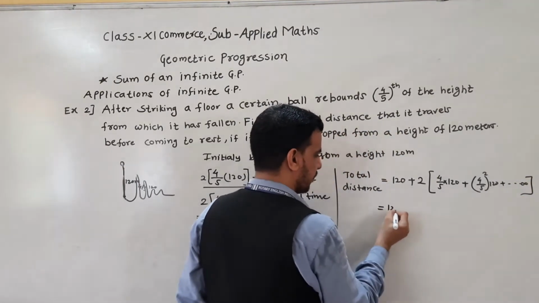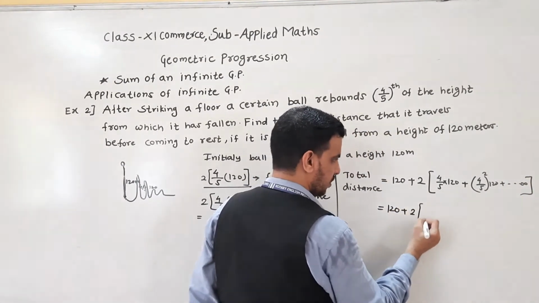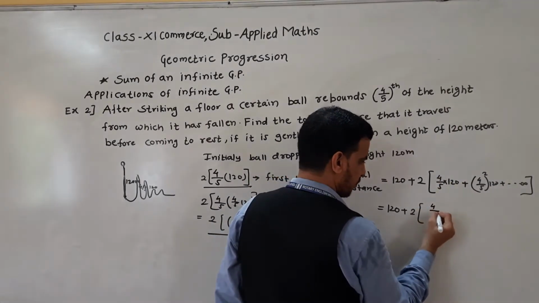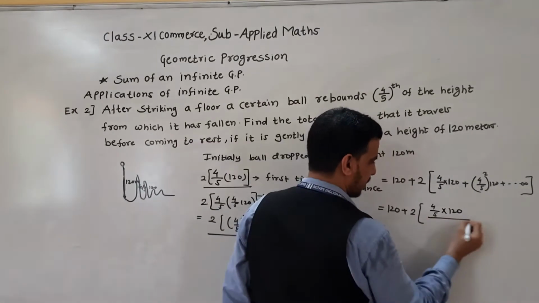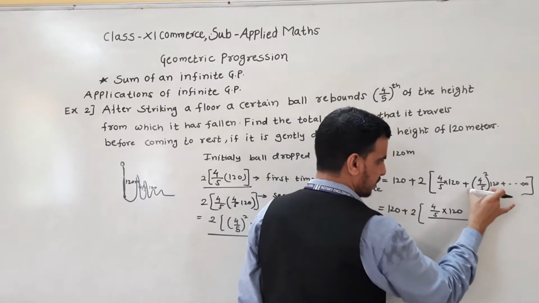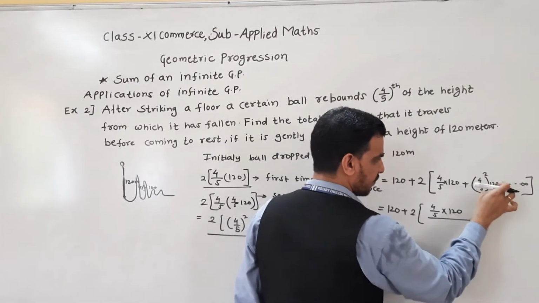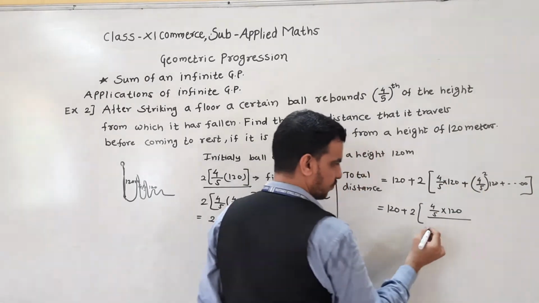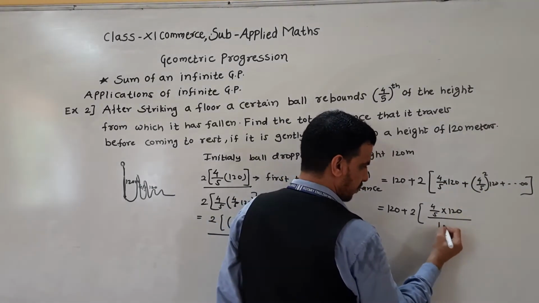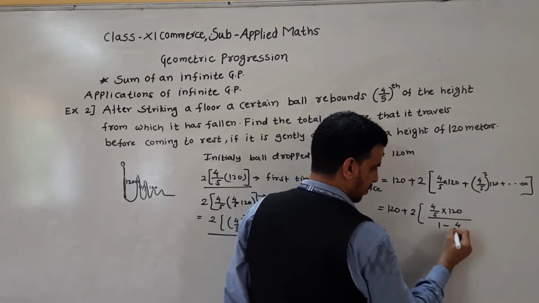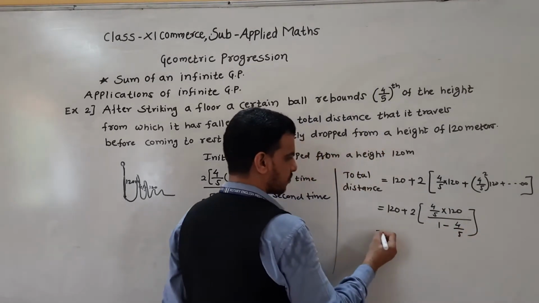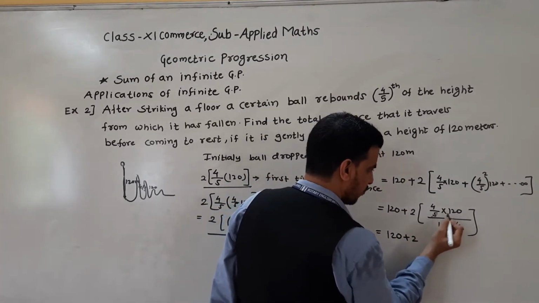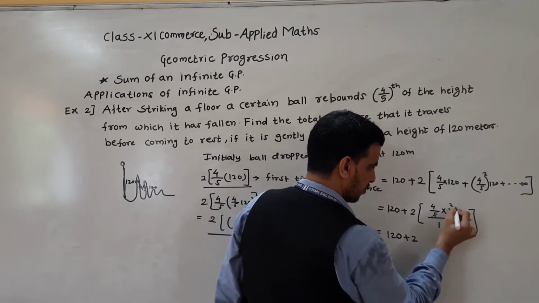So 120 plus 2 into, now this is a GP with first term 4/5 of 120, and if we divide the second term by the first term, 120 will get cancelled, 4/5 square upon 4/5, so only 4/5 remains. So a divided by 1 minus r, that is 1 upon 4/5. Now 120 plus 2 into, now if we reduce this, 5 2s are 10, 24.